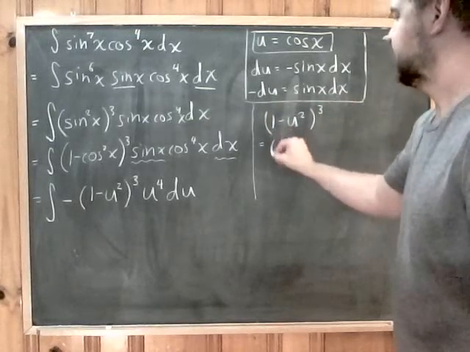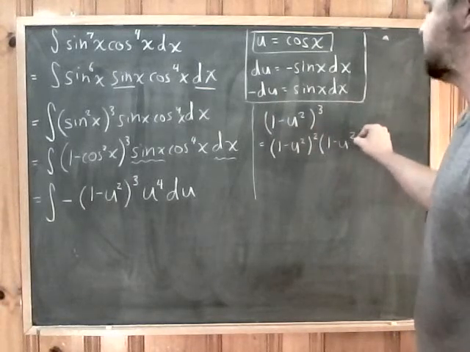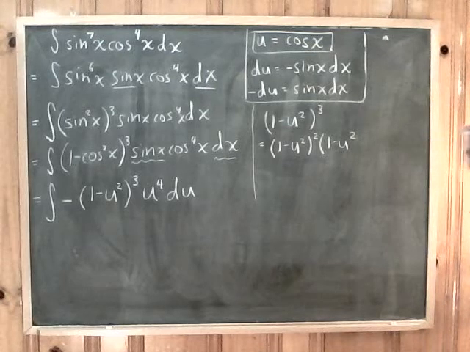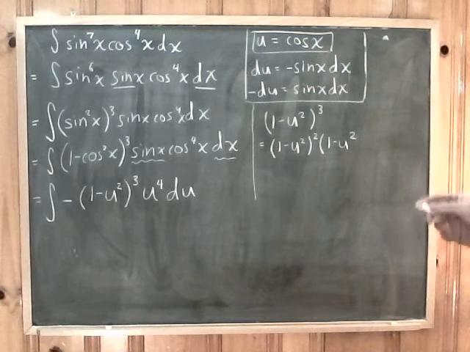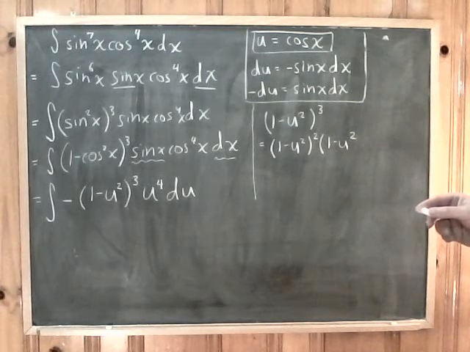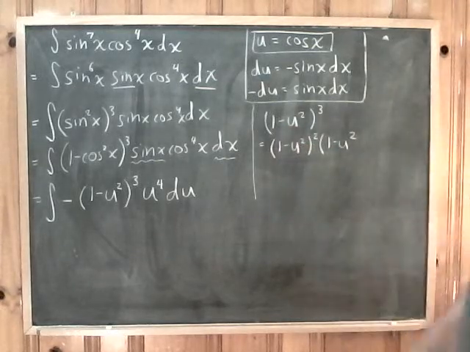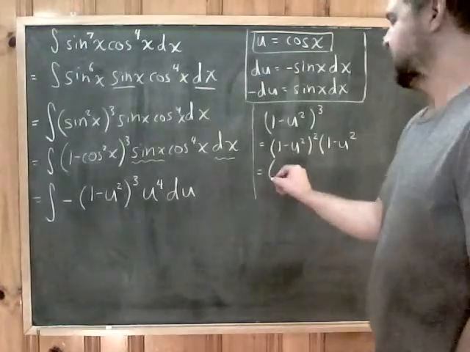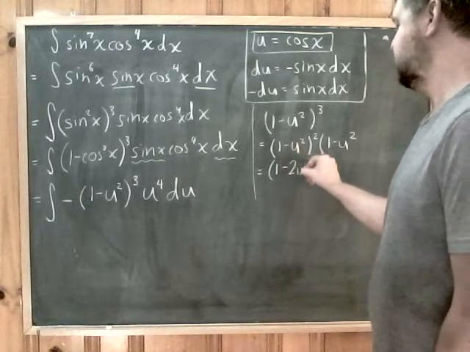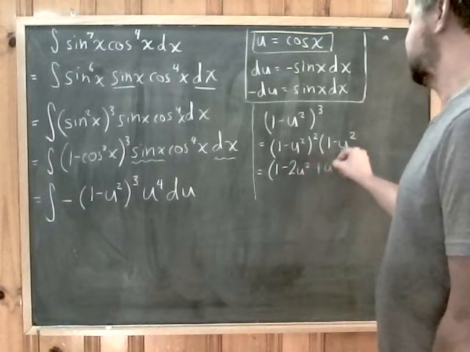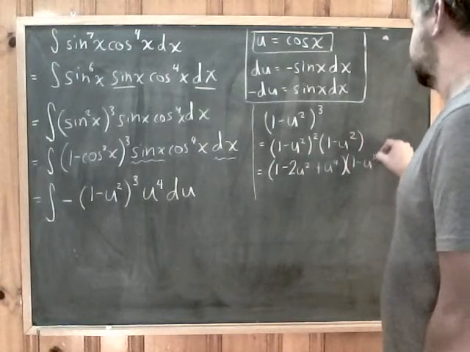Of course, 1 minus u squared cubed equals 1 minus u squared squared times 1 minus u squared. And if you know the formula for this, you can use it as well. It should come out to be 1, 3, 3, 1 as the coefficients, and you start by cubing the 1. But you can also do FOIL on the 1 minus u squared just to see where everything comes from. That'll give me 1 minus 2u squared plus u to the 4, and then times 1 minus u squared.